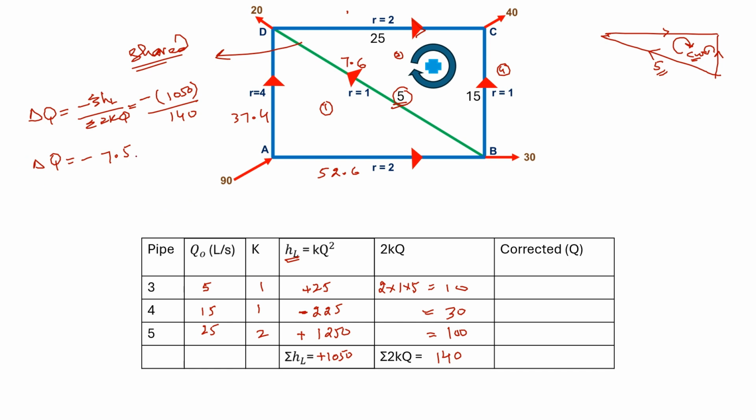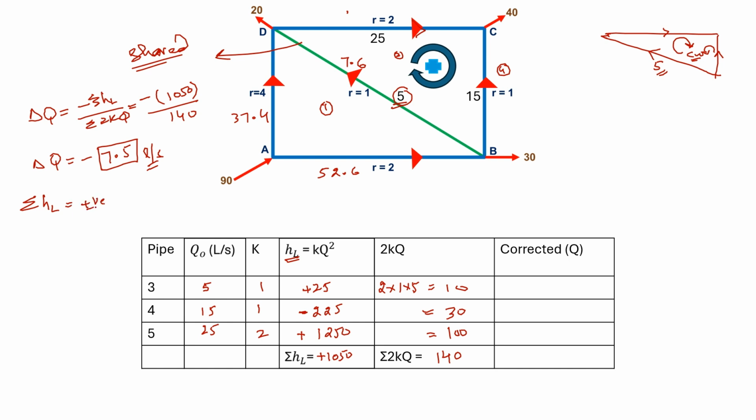What does this mean? It means that we need a correction to each pipe in the loop with a 7.5 value. Each pipe will have a correction of 7.5 liter per second. So in which pipe this 7.5 will be added, and from which discharge it will be subtracted, depends upon the sign of summation of HL.